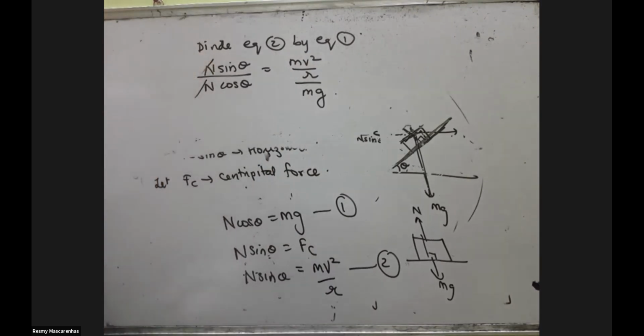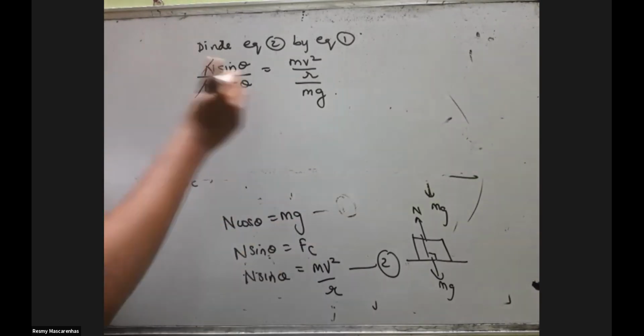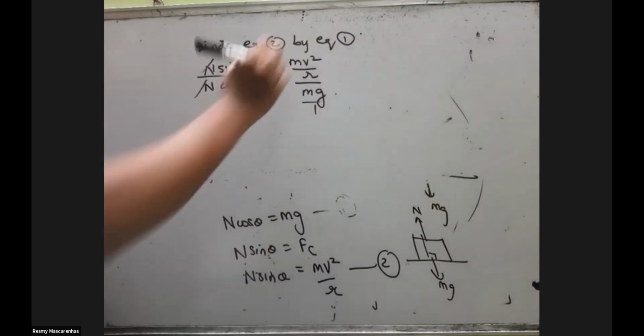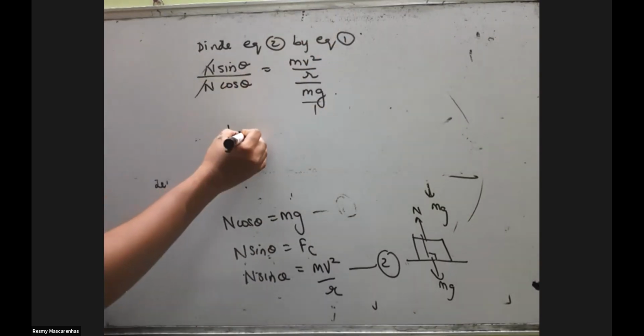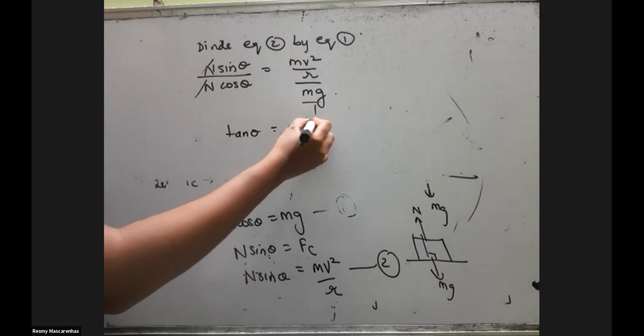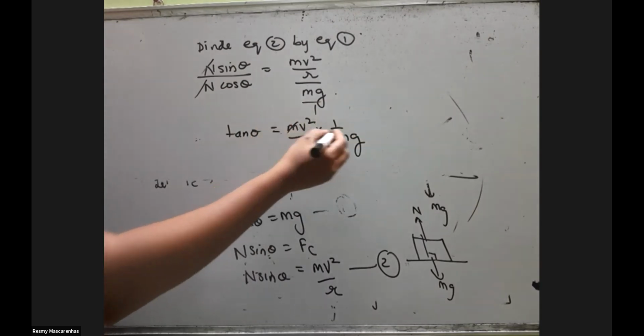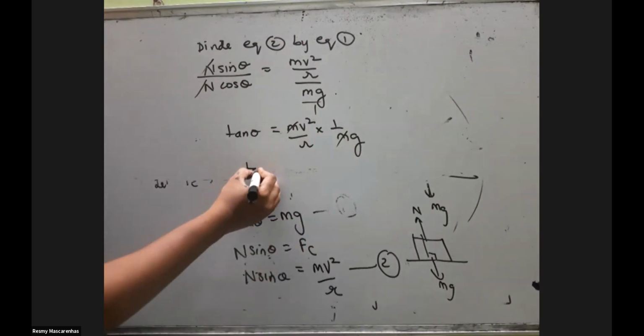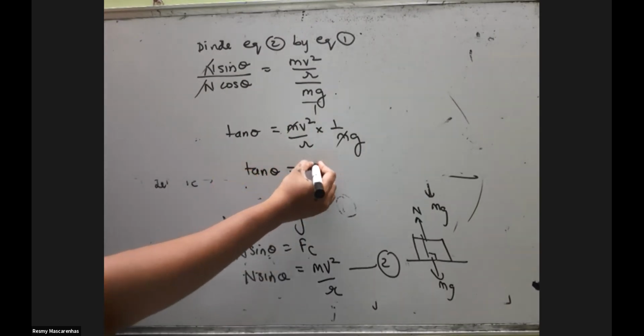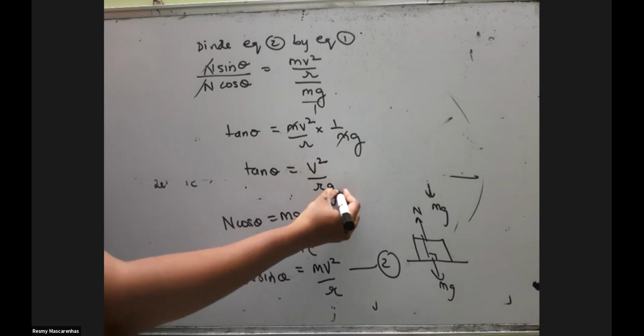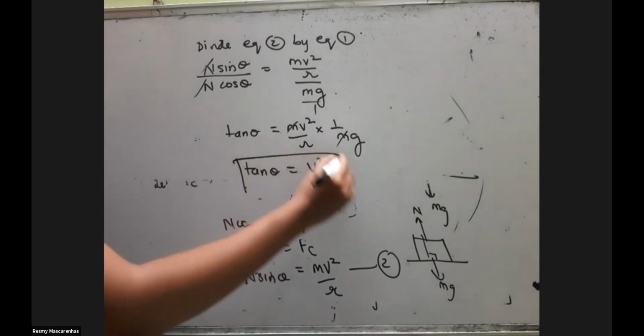N and N will cancel. If nothing is there, it means like having 1. So make it ulta. Sin theta upon cos theta will be tan theta. mv square upon r, this will be 1 upon mg. m and m will cancel. So your angle is, this is the banking angle.